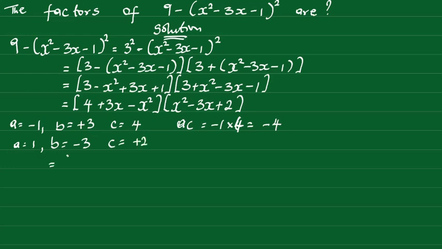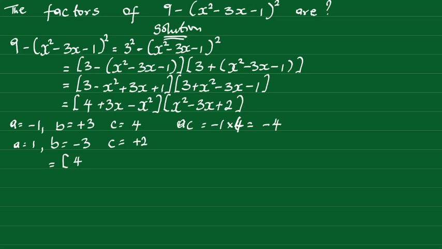Now, we proceed further by opening our bracket, write 4. Now, we think of two factors of our value for AC, which is minus 4, which when added together give us plus 3, which is our value for b in our first bracket.